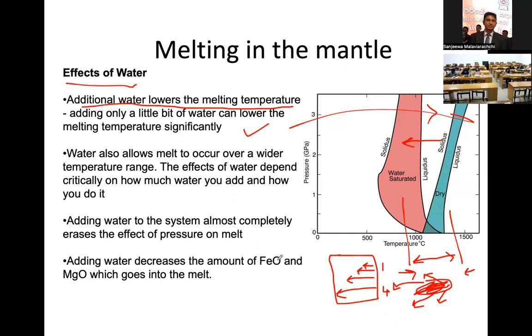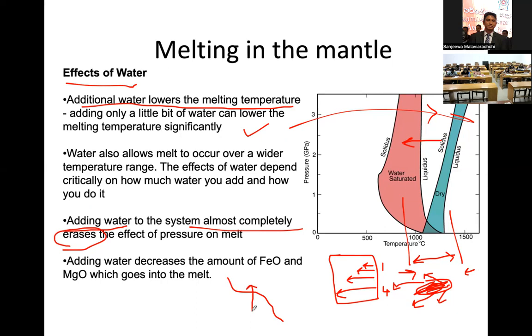And also, adding this water, we can consider that it almost completely erases the effect of pressure on melt. Because we had this solidus like that, and to start melting, what was needed was this one, right?